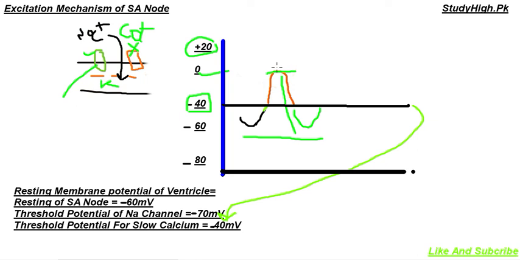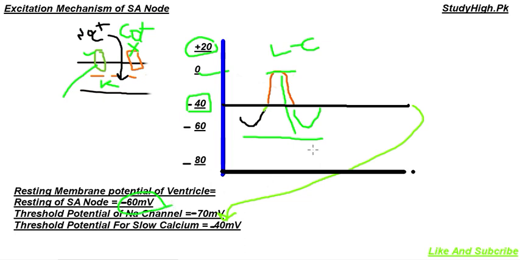And when it reaches the positive direction, L-type calcium channels start closing. When they close, potassium channels will open. And opening of potassium channels will result in repolarization to the original resting membrane potential, which is minus 60 millivolts for SA nodal cells.